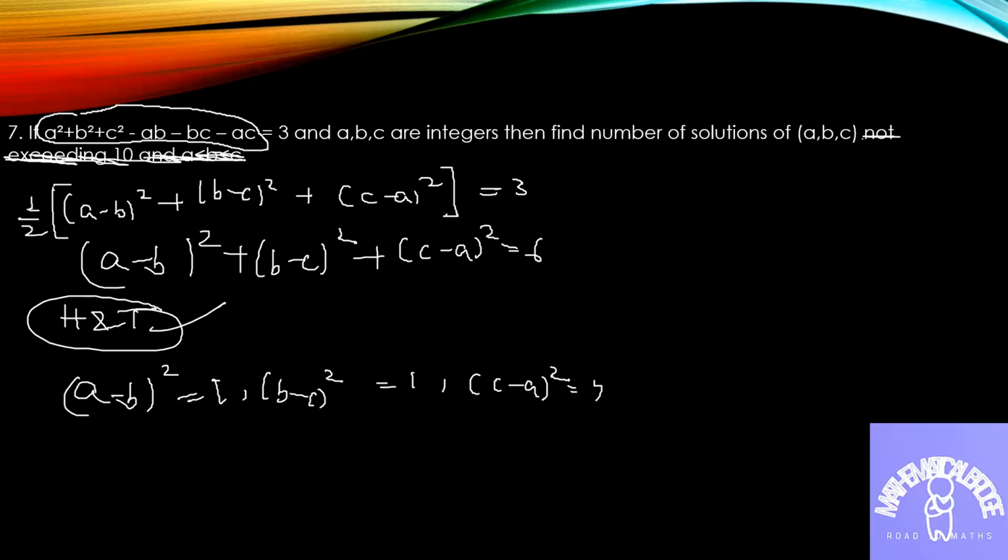And the similar case can occur alternatively, that is 4, 1, 1; 1, 1, 4; 1, 1, 4 again. And this type of cases can occur. Also, this should be a positive integer. So yes, we can get it up to here.